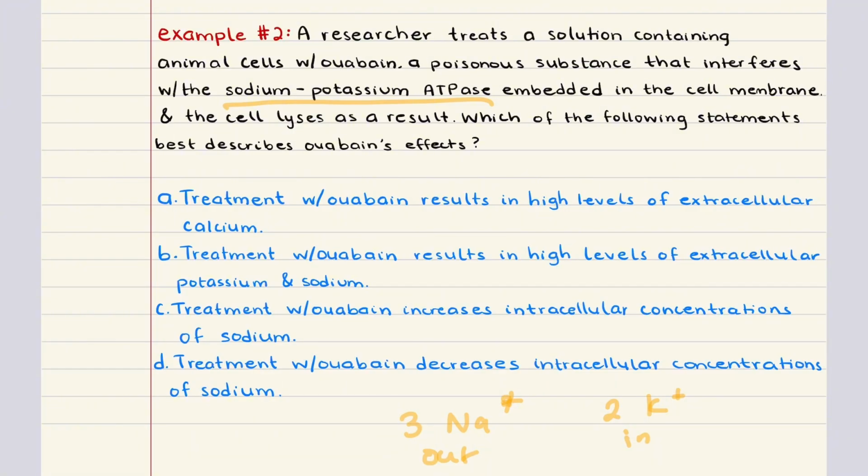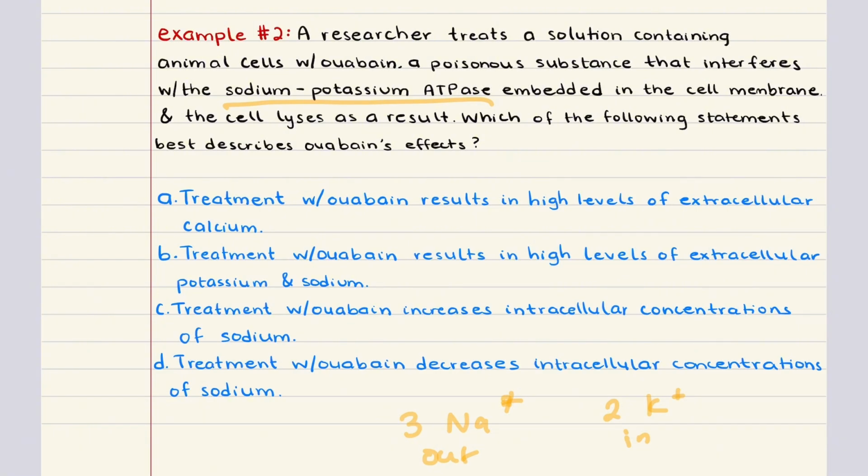Ouabain inhibits this pump. If the pump is blocked, then sodium can no longer be effectively transported out of the cell. So as a result, sodium is going to begin to accumulate inside, because sodium is still entering from passive leak channels, but it's not being pumped back out.